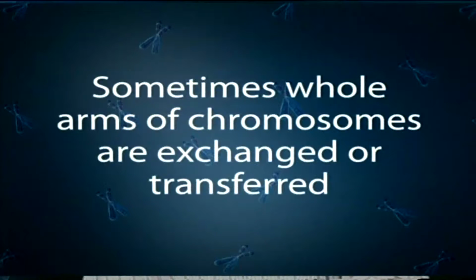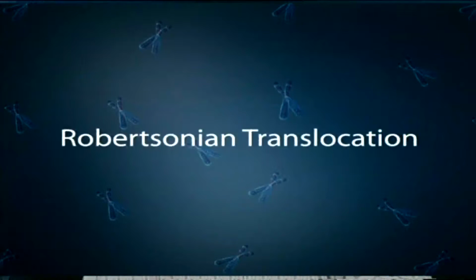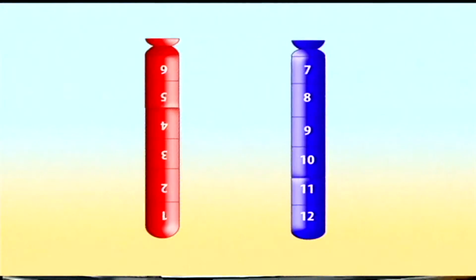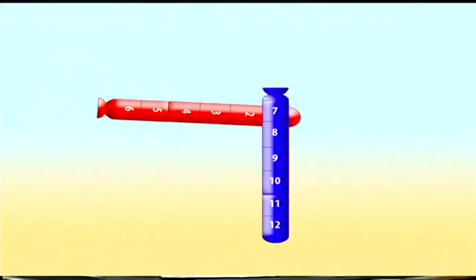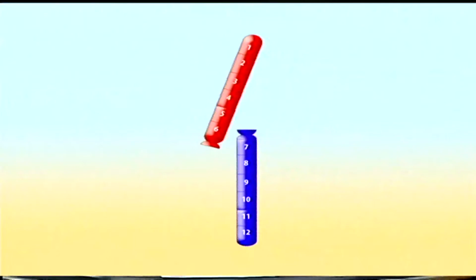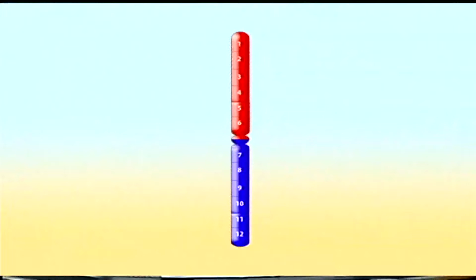This type of translocation is called Robertsonian translocation. For example, we have two telocentric chromosomes, and sometimes these two telocentric chromosomes fuse head to head and result in the formation of a metacentric chromosome.